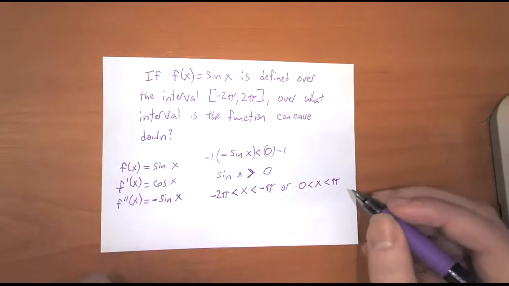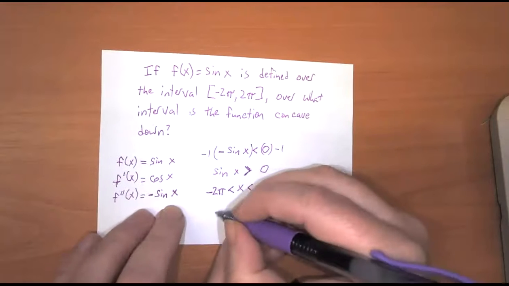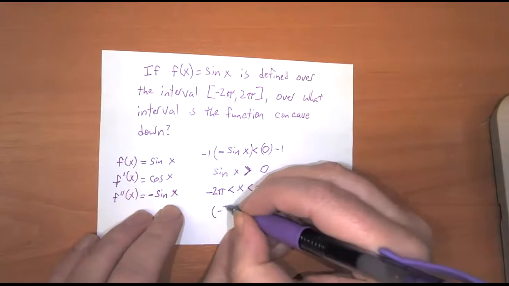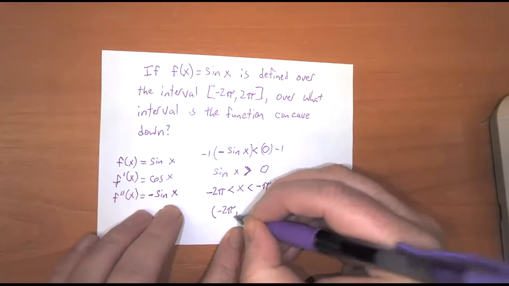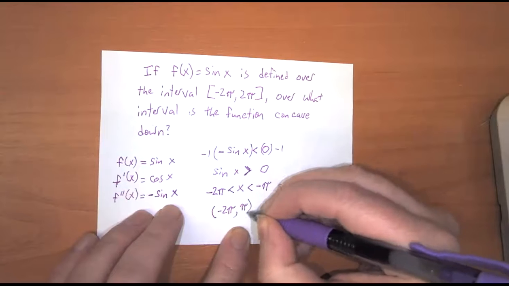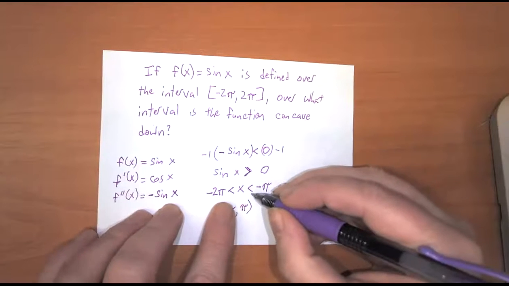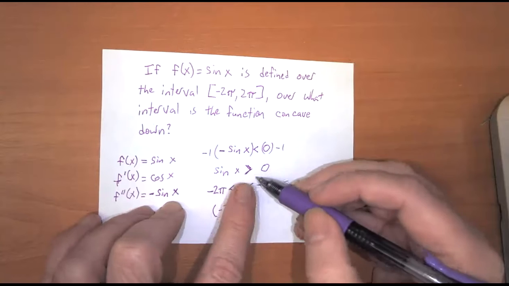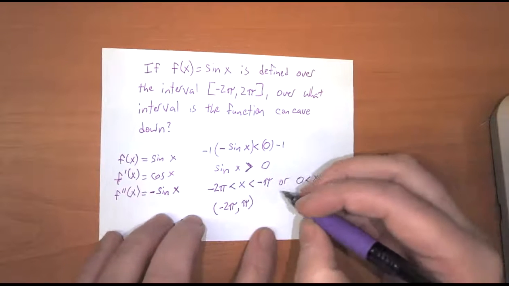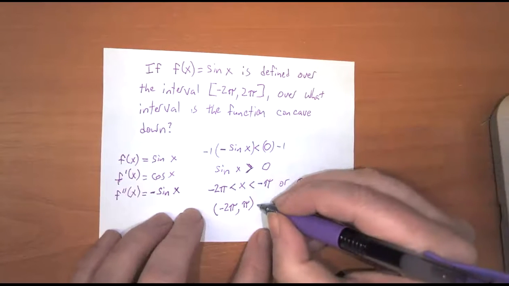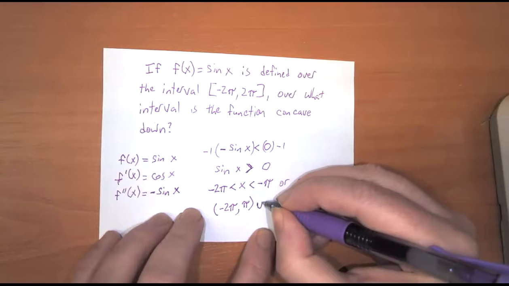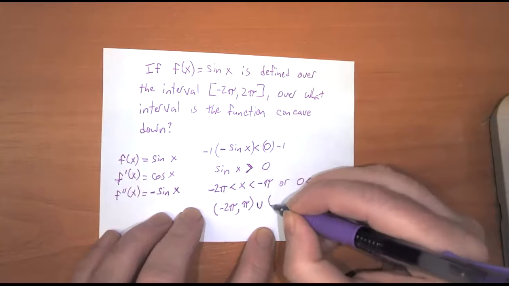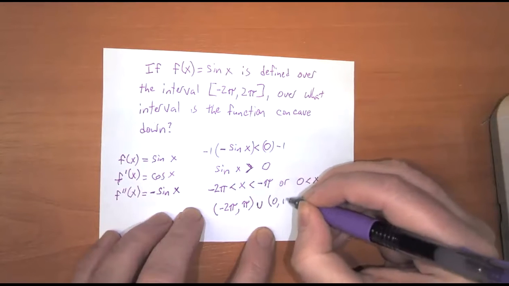Okay, or if we wrote this in interval notation, -2 pi to -pi. We're using parentheses here because the endpoints are where sine of x is equal to 0. And so those are not points where sine of x is greater than 0. And I want to calculate the union of that with the interval from 0 to pi.